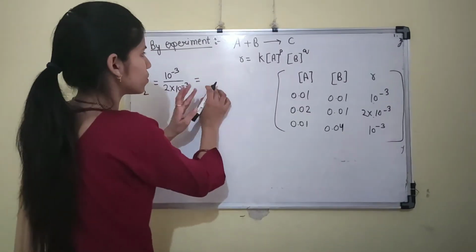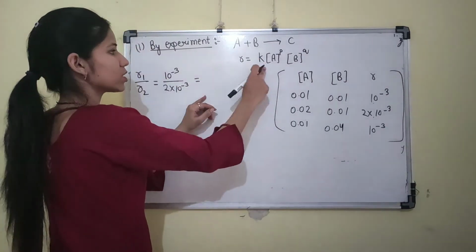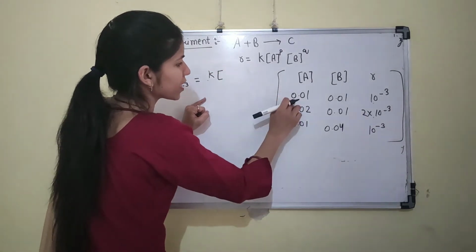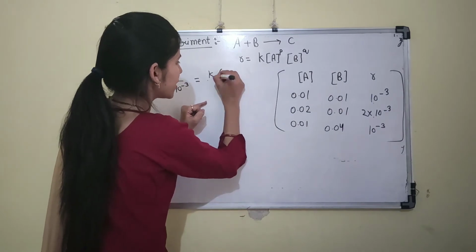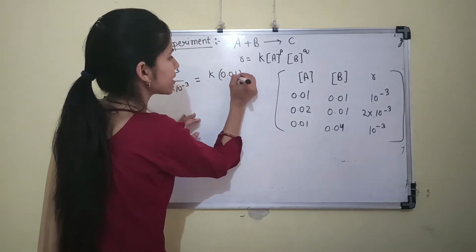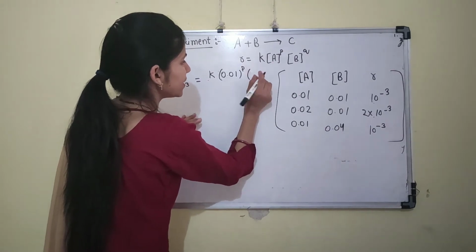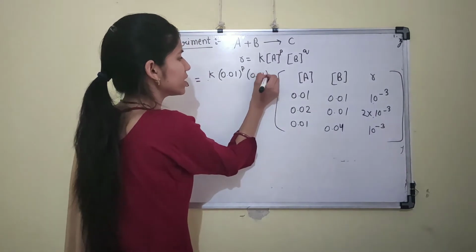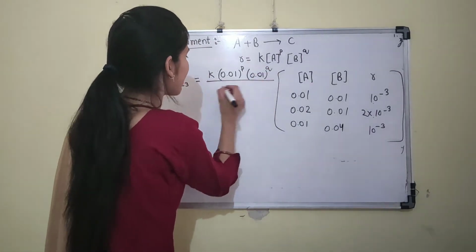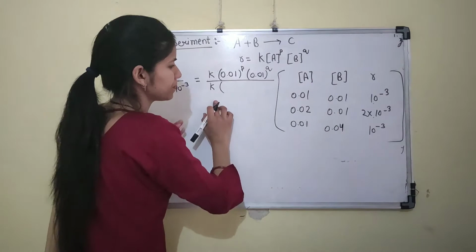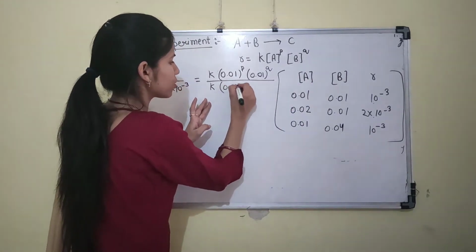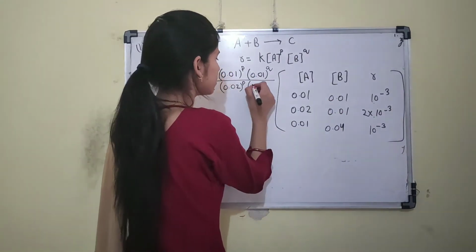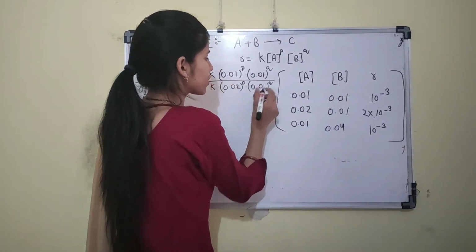And R equals K into A, that is 0.01 raised to the power P, into B, 0.01 raised to the power Q, divided by K into 0.02 raised to the power P into 0.01 raised to the power Q.